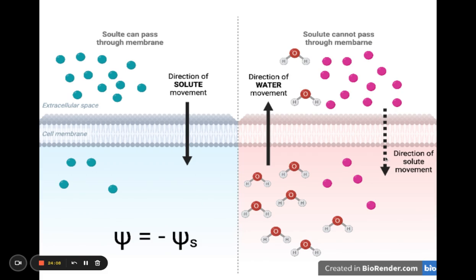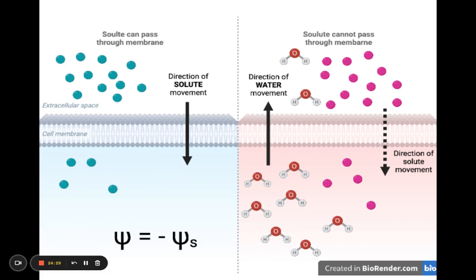If the solute were able to move, like it is on the left, it would go from out to in, so it will go into the cell. The solute cannot move, so water goes out of the cell. So the movement of water and the movement of solute is in opposite directions.